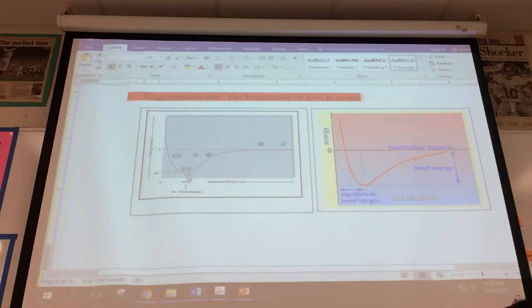Right here in the trough, where you have essentially the lowest energy point, you have the two hydrogen atoms at an optimal distance apart from one another. The bond length between two hydrogen atoms is 0.074.